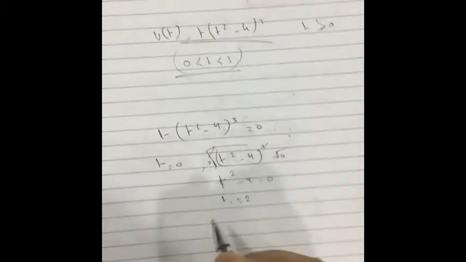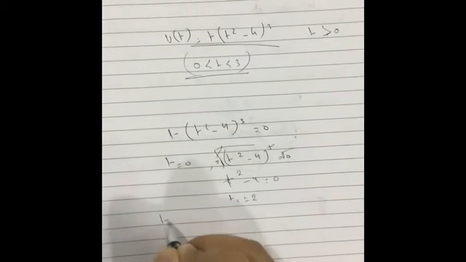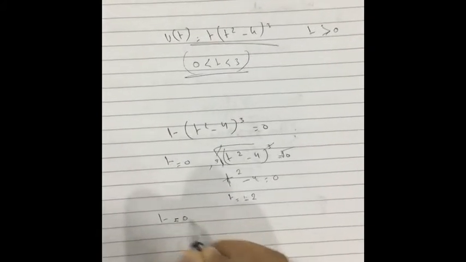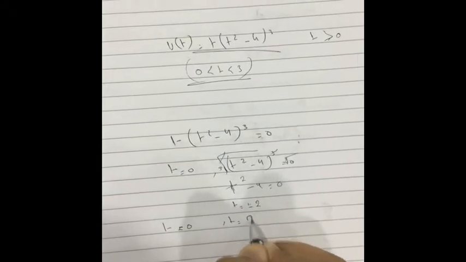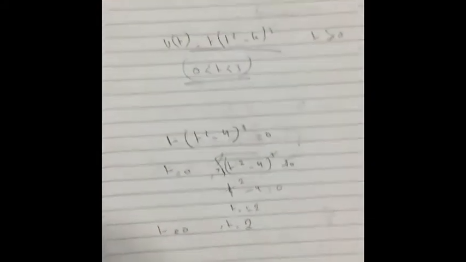So we now have the zeros, t equal to 0 and t equal to 2.